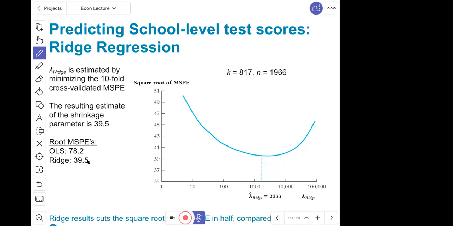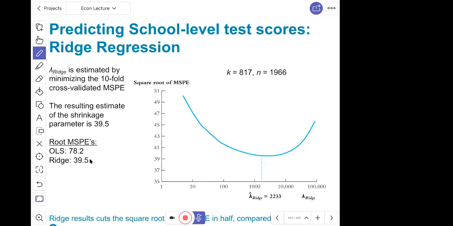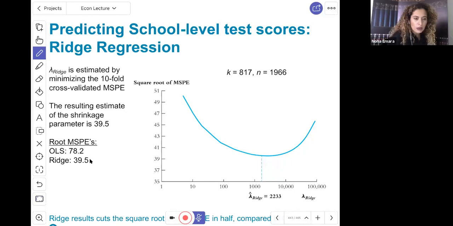Oh, no. I'm just reading the slide. What you have is 78.2 and 39.5. So if I'm asking which one is lower, then of course the ridge is a better predictor as compared to OLS. Any question here?